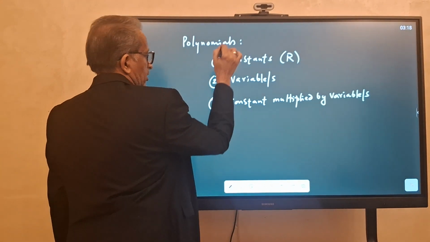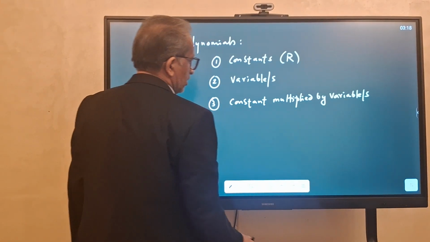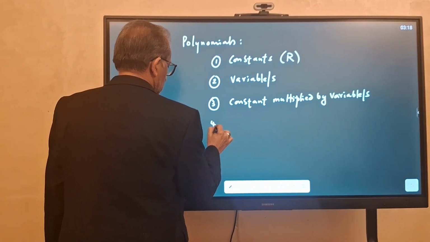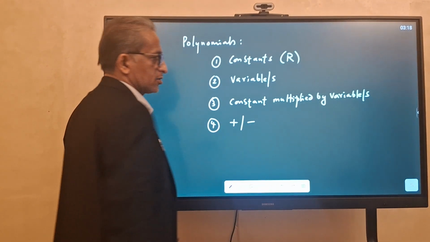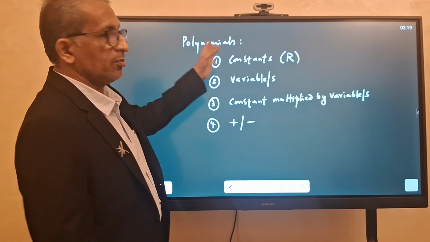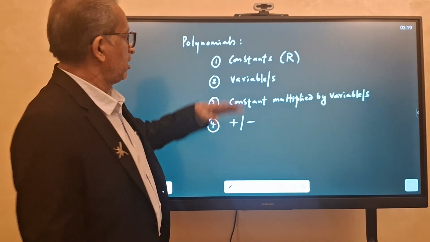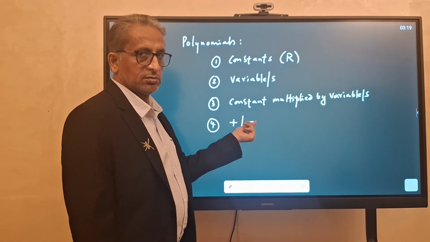The constants and the variables, or constants multiplied by variables, are separated by either plus or minus only. That means a polynomial has terms, and every term is separated by either plus or minus.